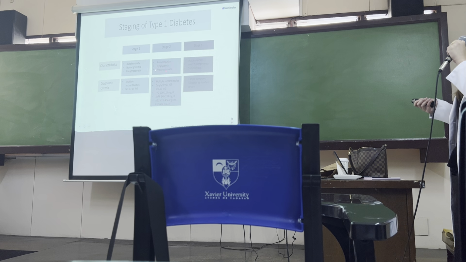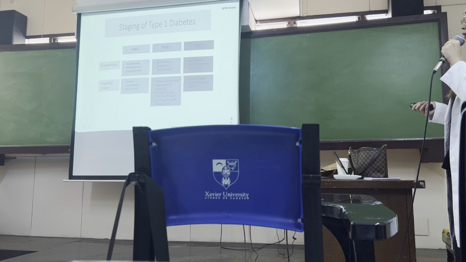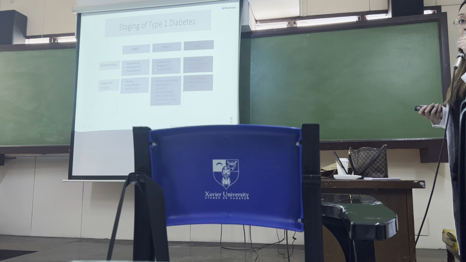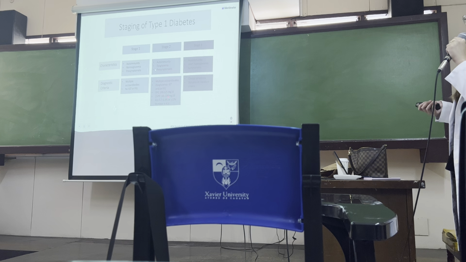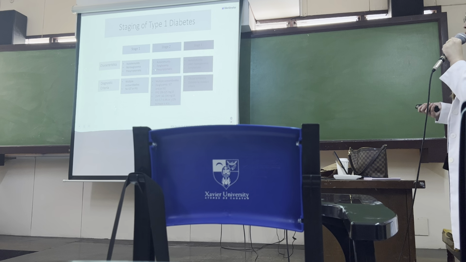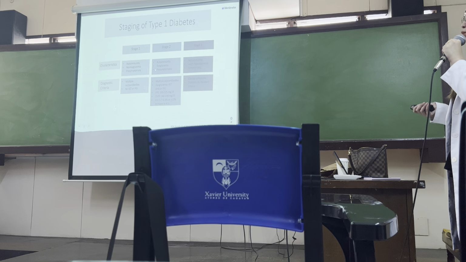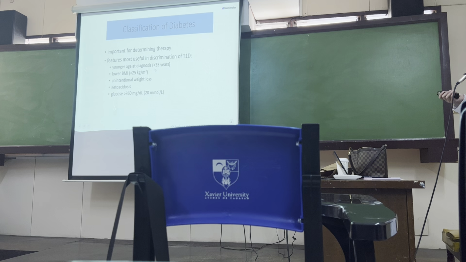In stage 2, still asymptomatic, however your blood sugar or laboratory results will be in the pre-diabetes range. And for stage 3, your patient is already symptomatic, and the diagnostic criteria set will be fulfilled in your laboratory test.